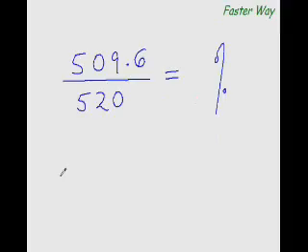So do this last question, and I'm not going to help you at all with this. Now you must have spotted by now that the numerator is very close to the denominator. So if this thing is 100%, this would be just less than 100%.